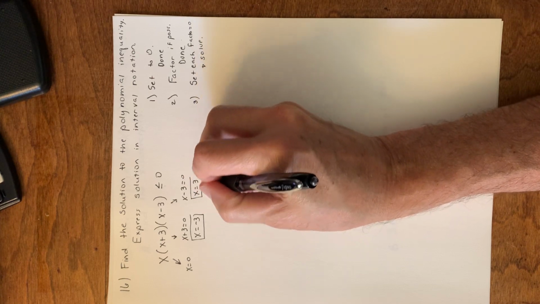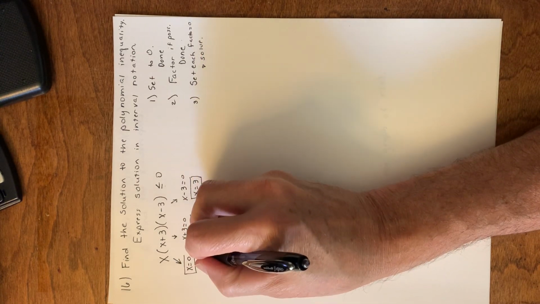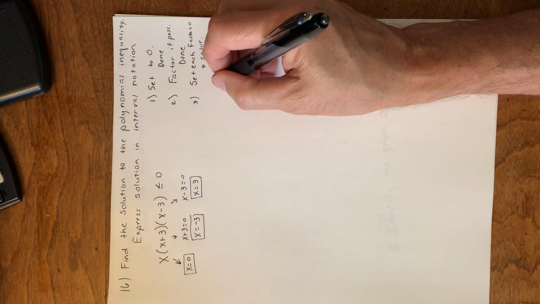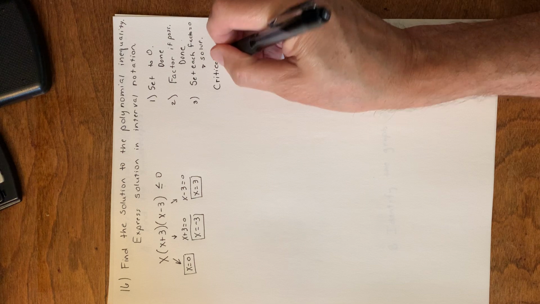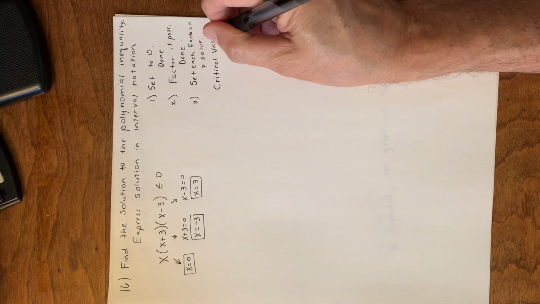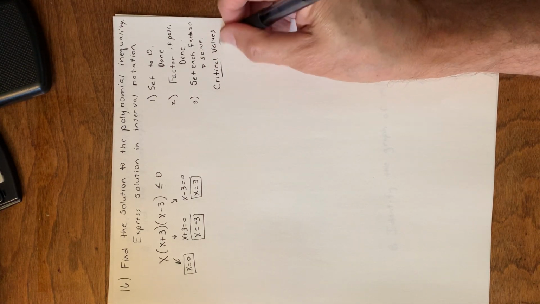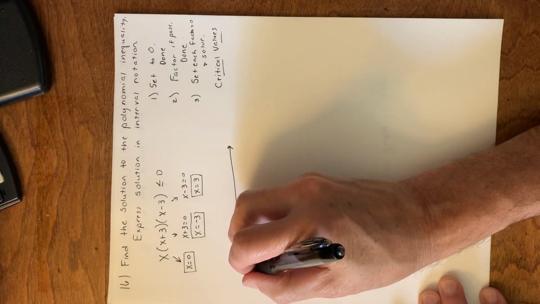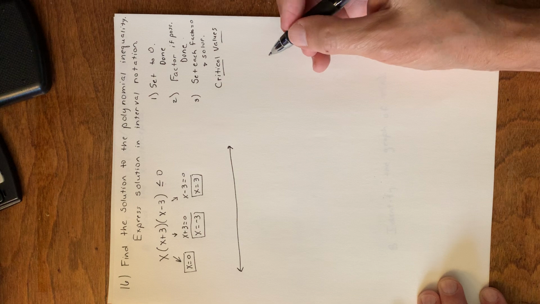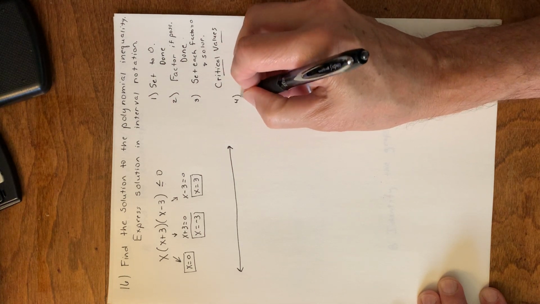So I have 3 values. These are what are known as my critical values. They are the ones I'm going to use to mark the number line and test my intervals, which is step number 4.